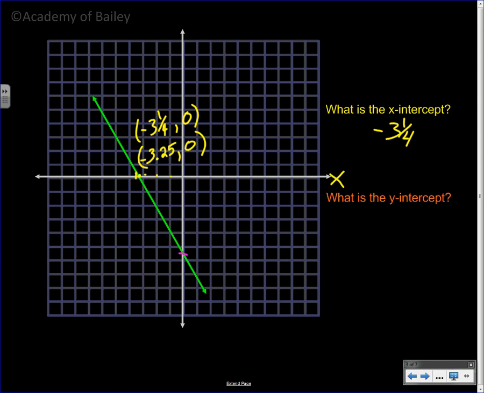Kind of halfway, looks somewhere about there. So it does kind of look like it's going through -5.5. And remember that that was the y-axis, and the green line crosses the y-axis at -5.5. So you can write it as -5.5.